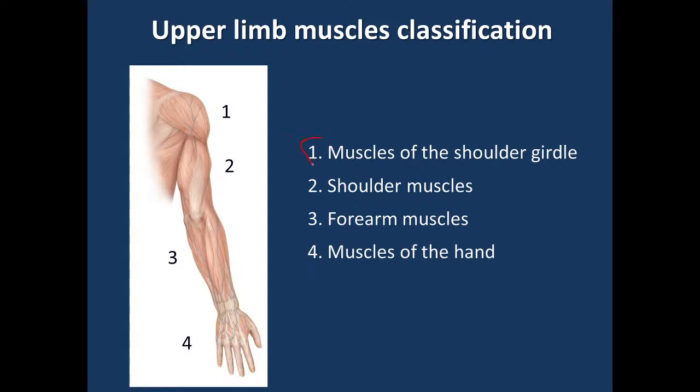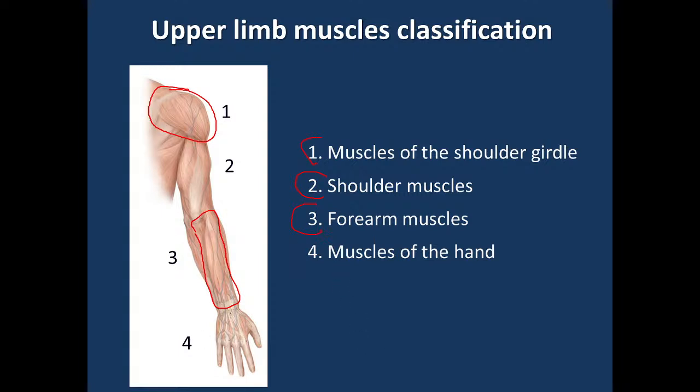First group is the muscles of shoulder girdle. They're located around shoulder joint. Then we have shoulder muscles located on the shoulder. Then forearm muscles. This is a group in the forearm, we call it also in Latin antebrachium.